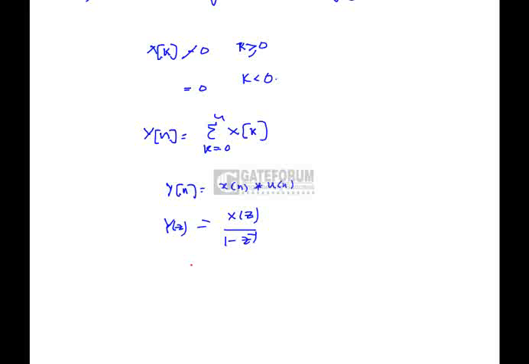So it is an invertible system, because H of z is 1 by 1 minus z inverse. We can get X of z by multiplying Y of z by 1 minus z inverse, and then we will get X of z back. So this system is an invertible system, hence option A is correct.